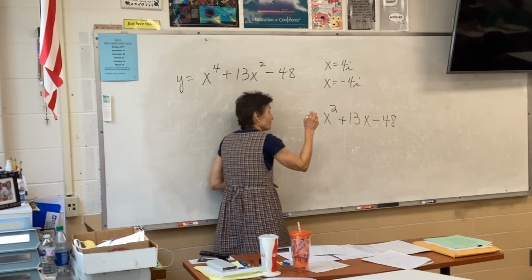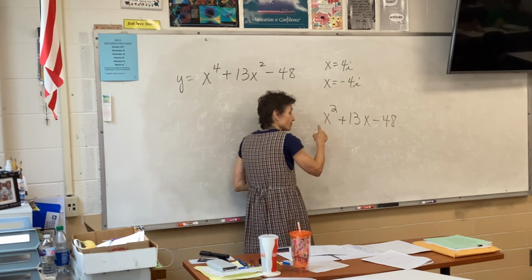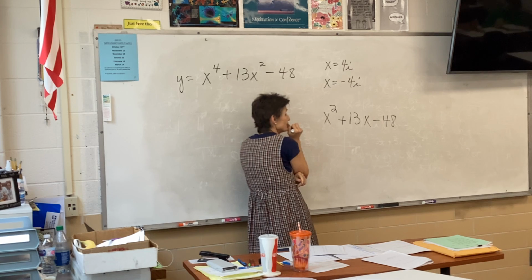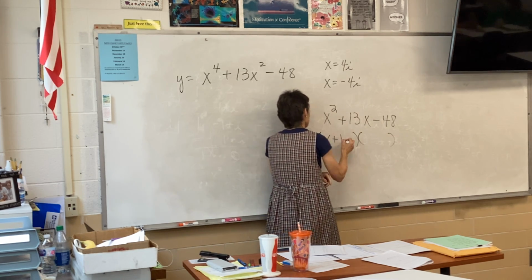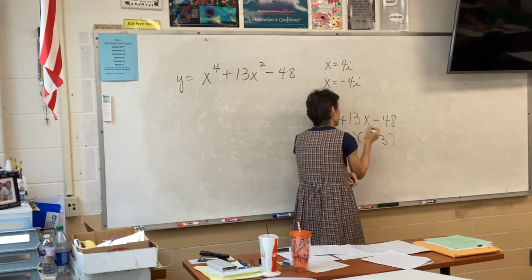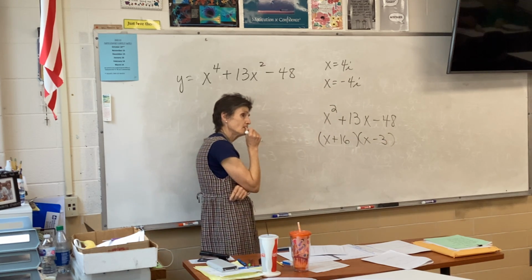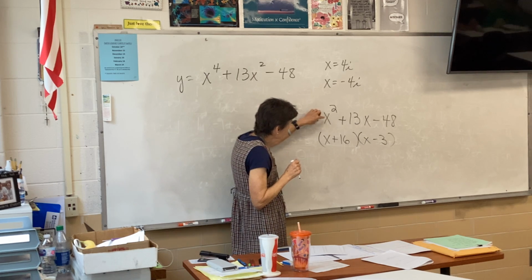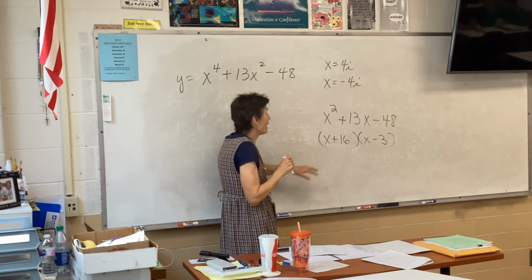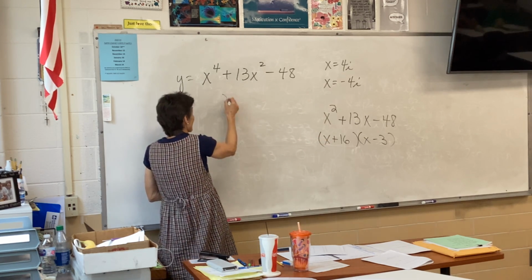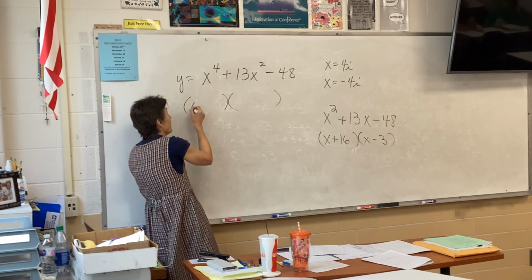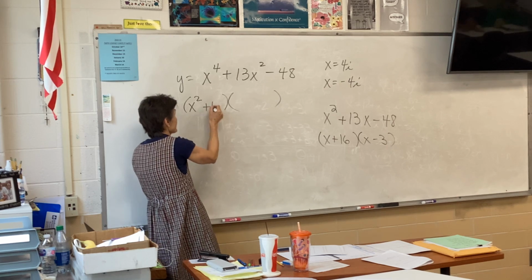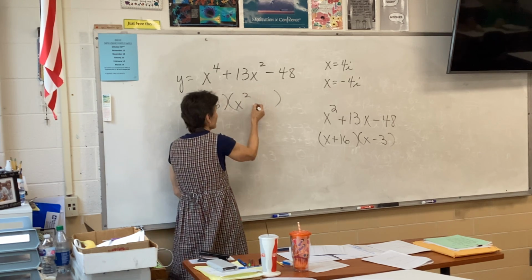What would you do if this were your problem? Yeah, I think it factors into plus 16 minus 3, I think. So if that factors like this, how do you think this one might factor if you choose to do the problem this way? X squared plus 16 and x squared minus 3.